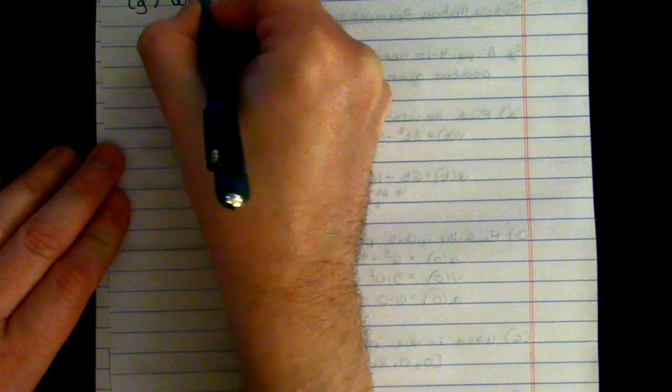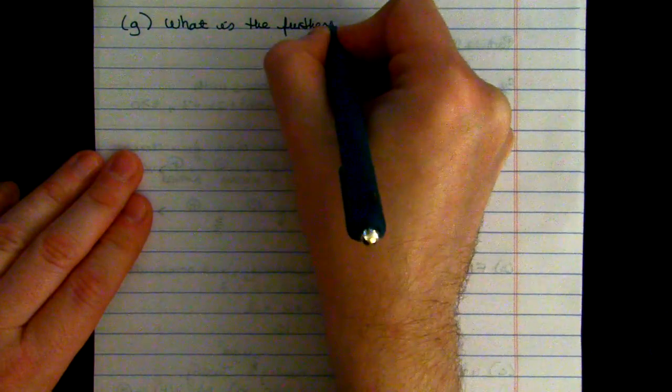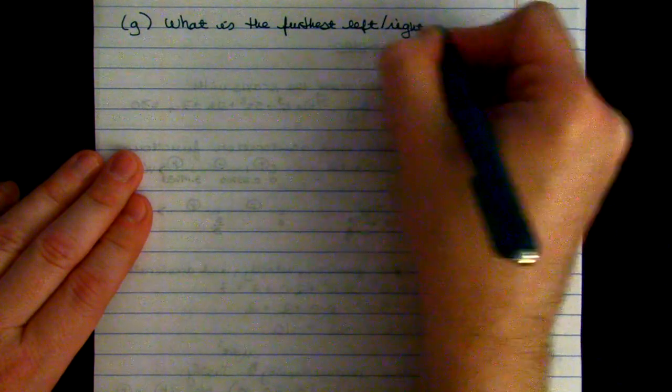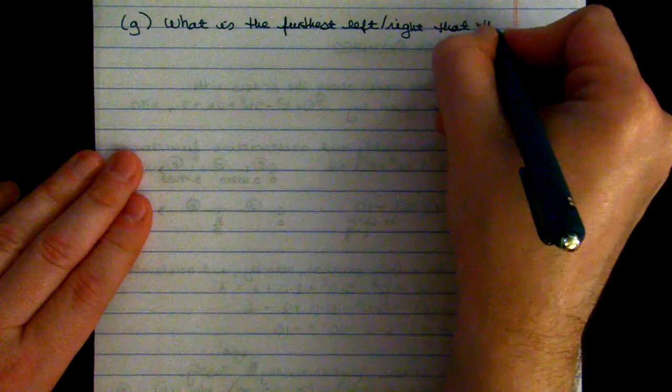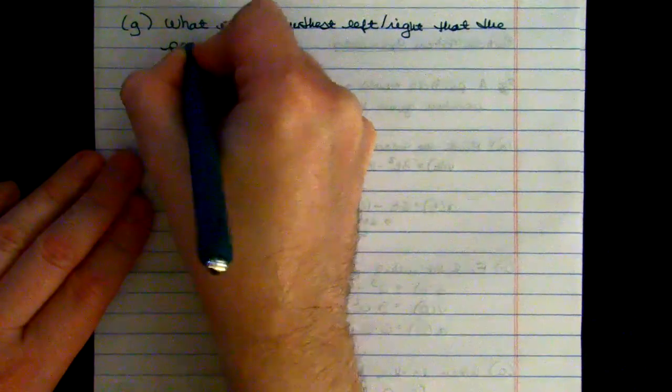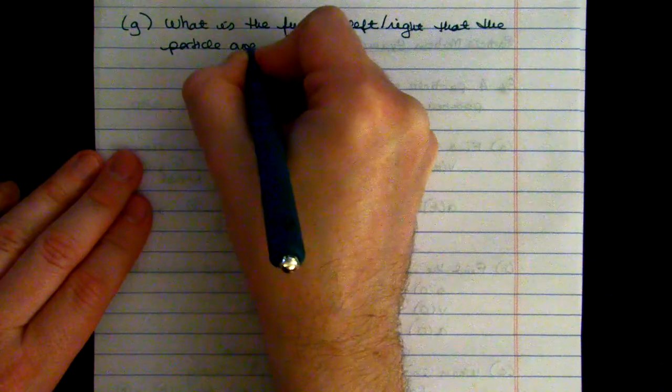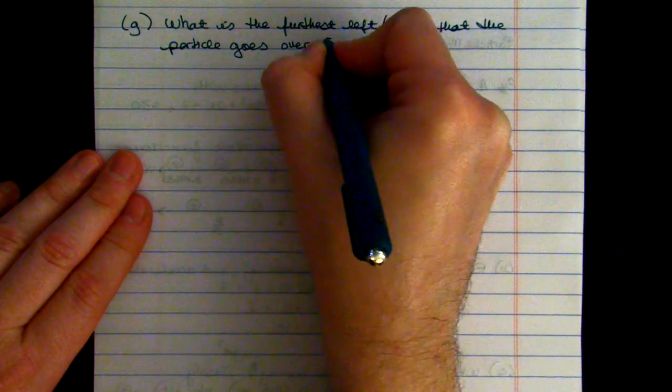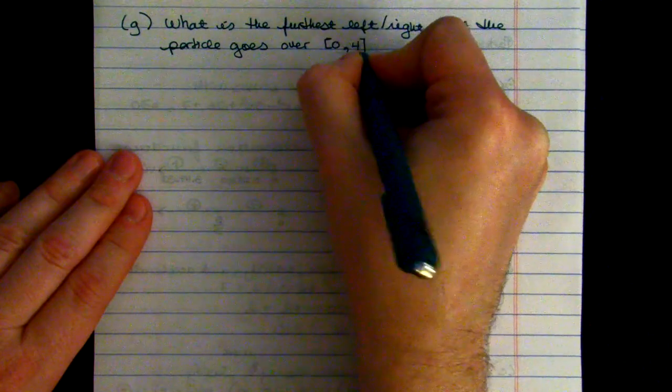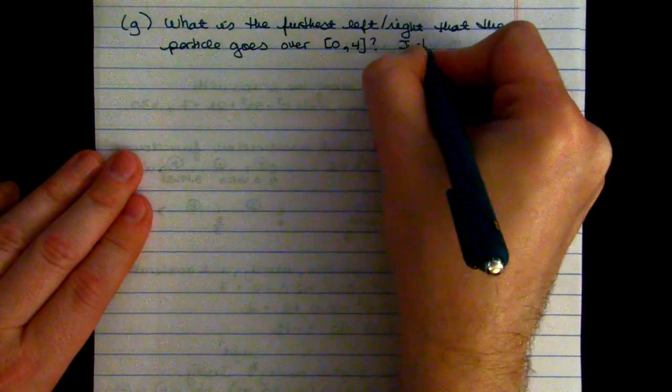Letter G. What is the furthest left or right that the particle goes over the interval from 0 to 4? And when we're done, as always, we'll justify this. Take a moment, get that copy down.